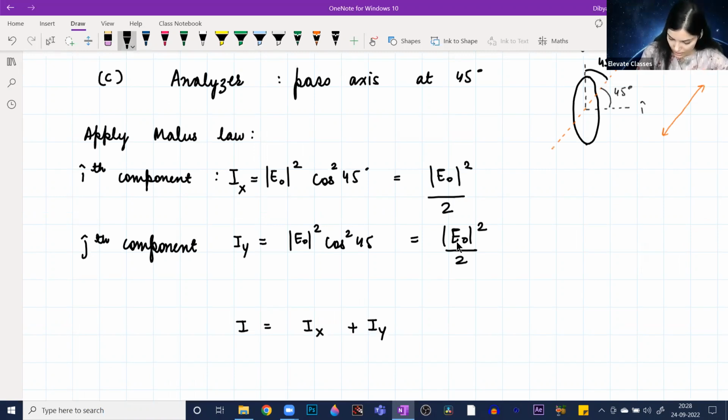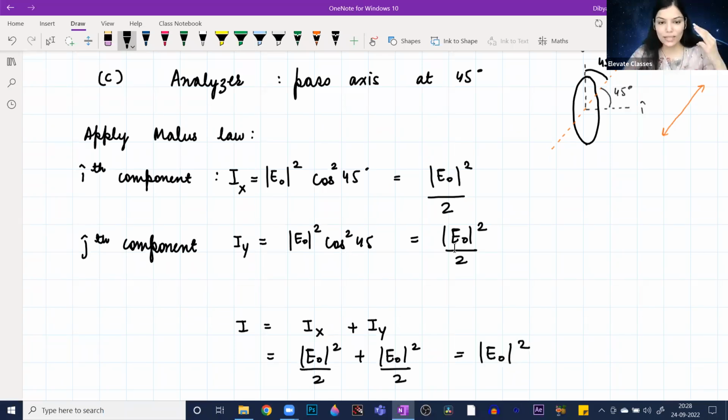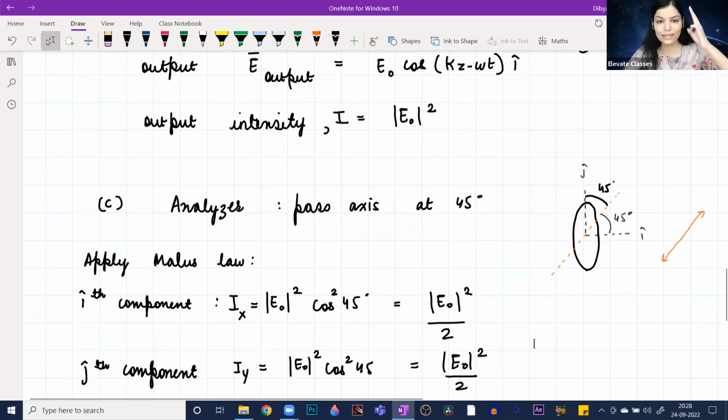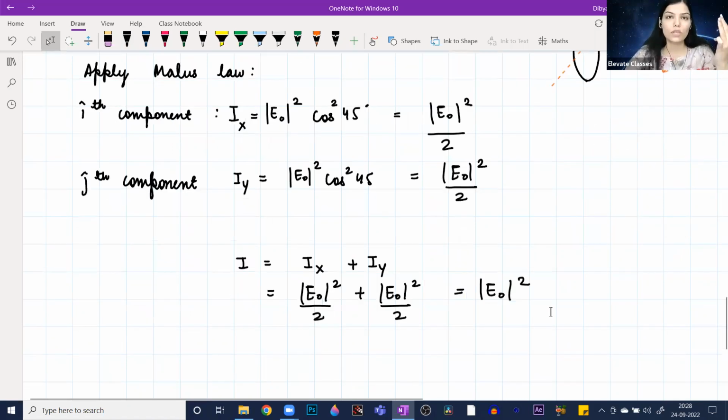Okay, so that is E naught square by 2 plus E naught square by 2, that is also equal to E naught square. So by taking 3 different values of the analyzer's pass axis, 3 different positions we considered, when it's at 45, or when it's parallel to I, or when it's parallel to J, in all three cases we saw that the output intensity comes out to be E naught square, which is half of the input intensity.